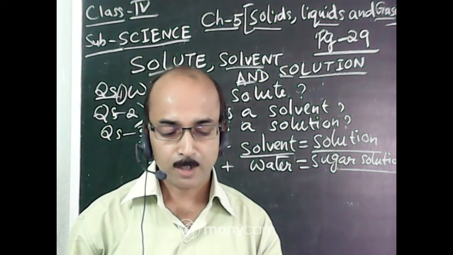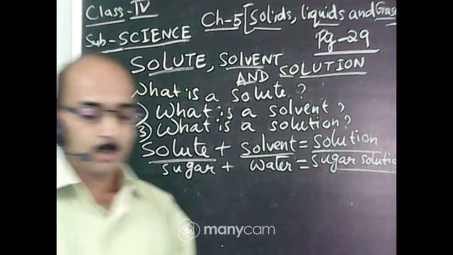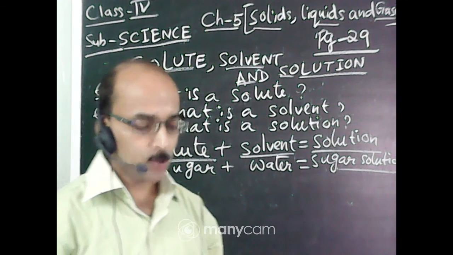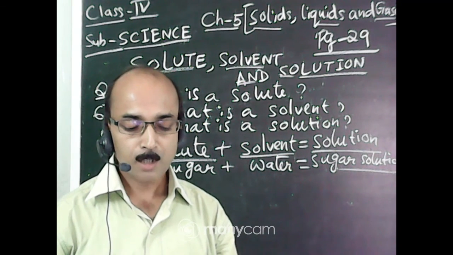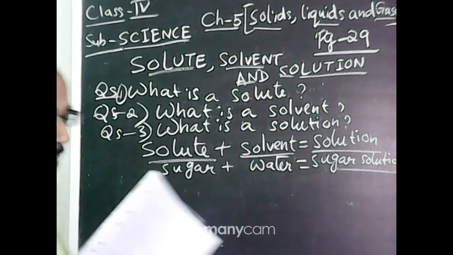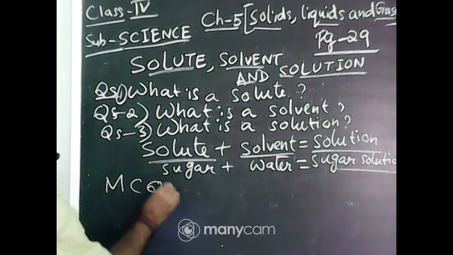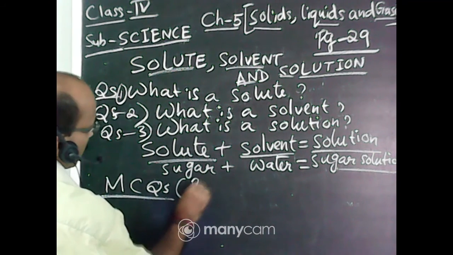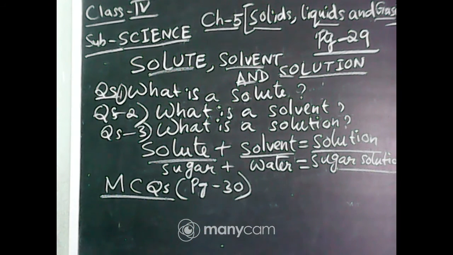Okay. Now we will do the MCQ. See here, MCQ is given, multiple choice question. You can find this on page number 30. Tick the correct answer. We'll do that one. I am writing the page number. Okay.